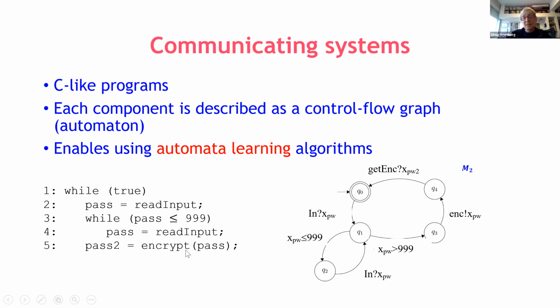Then it sends it for encryption. And this is the way such a program can be described by a control flow graph, but we will actually refer to this control flow graph as an automaton because we want to use a technique of automata learning. Again, a known technique widely used in verification.